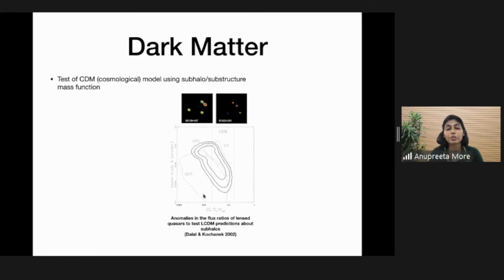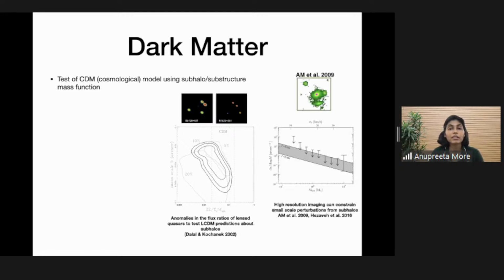So here they have shown this plot where these two vertical lines enclose the range of the amount of substructure we expect to see from the standard cosmological models, whereas the data is shown by these contours, which is somewhat consistent with the current model for cosmology.